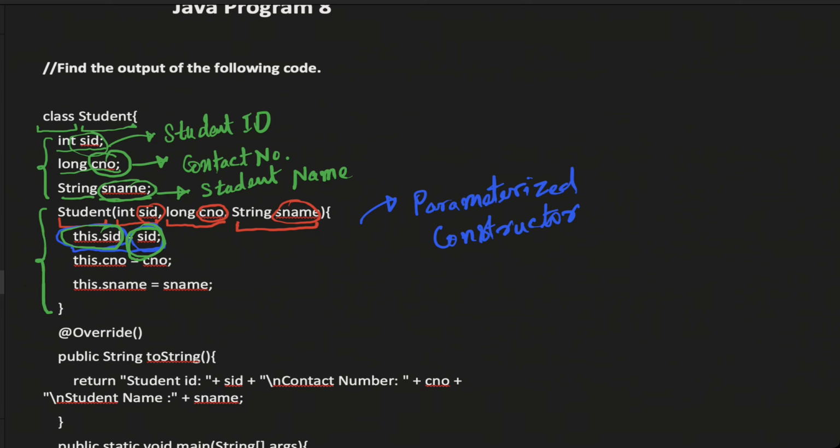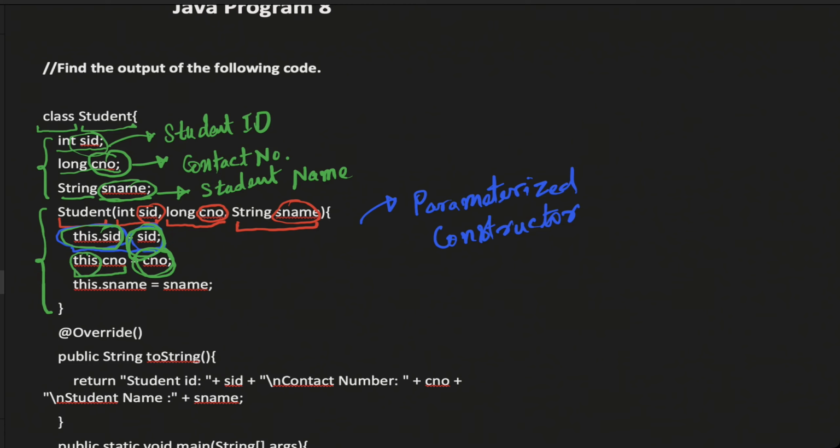We are again doing the same thing for the CNO. This refers to the instance variable of the current object. This CNO refers to the instance variable of the current object, and CNO refers to the parameter passed to the constructor. We are assigning the value of the CNO parameter to the CNO instance variable of the current object, which we are doing with the help of this.CNO.